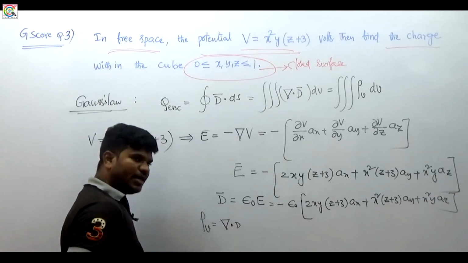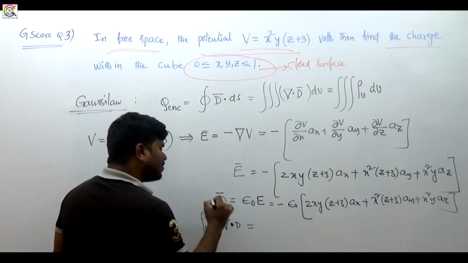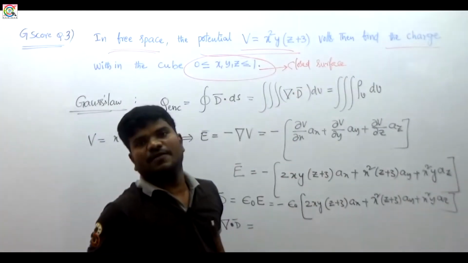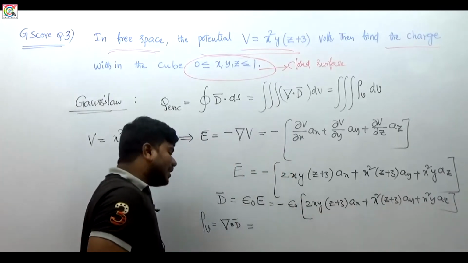Now how can I get the divergence of this vector? Del dot D means the divergence of this vector D bar. So this is one vector, right? How can I get the divergence?